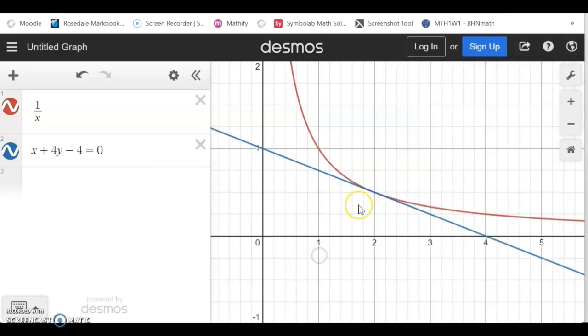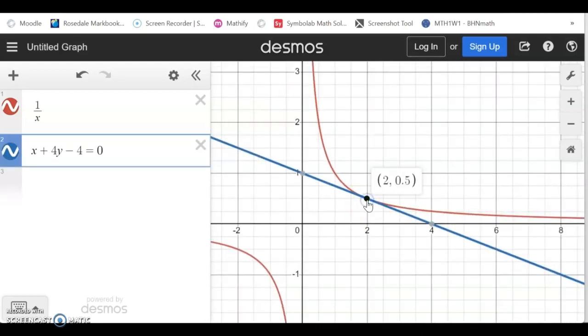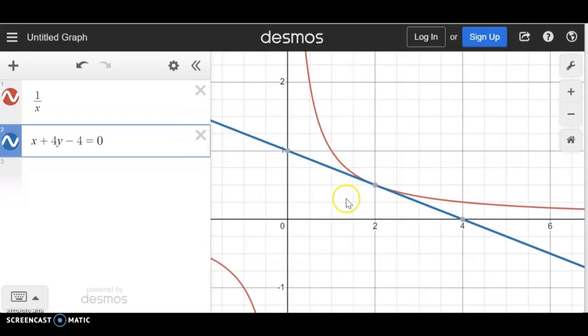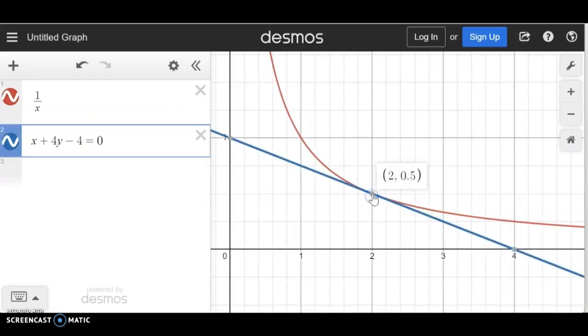Okay, that's good. The red is our original 1 over x, which is our original reciprocal function. And this blue line here is the tangent line at t equals 2, or in this case, x equals 2. Desmos only picks up x. So we can see this line of tangency, and obviously they intersect only at a single point. It's 2, 1/2.